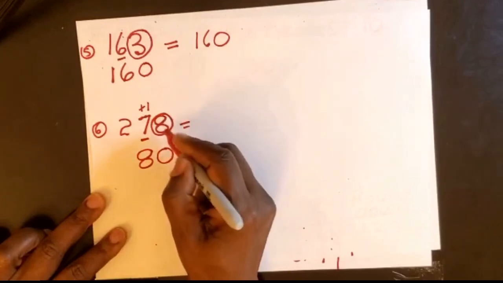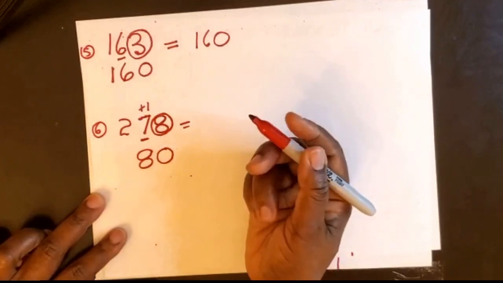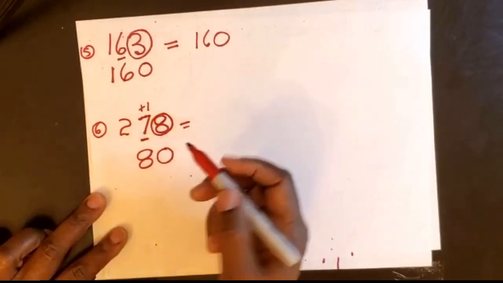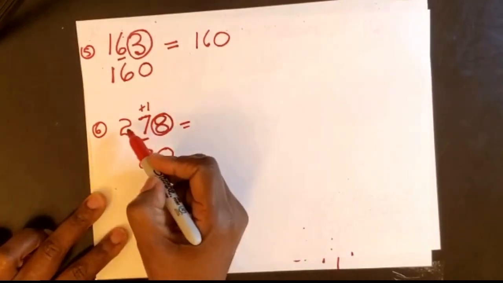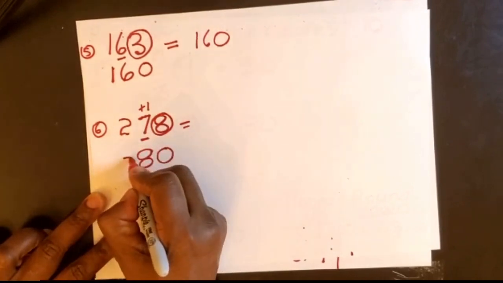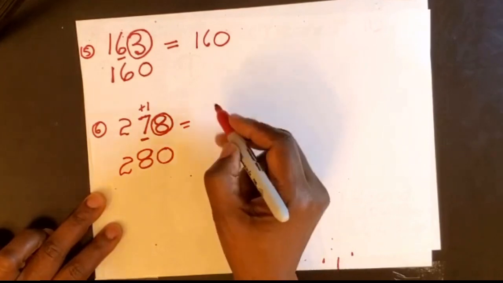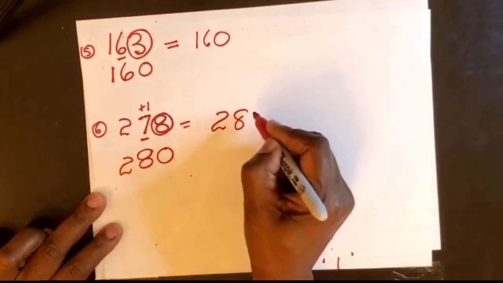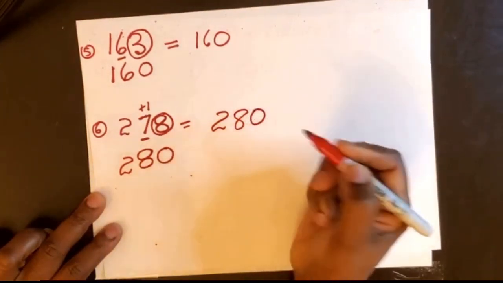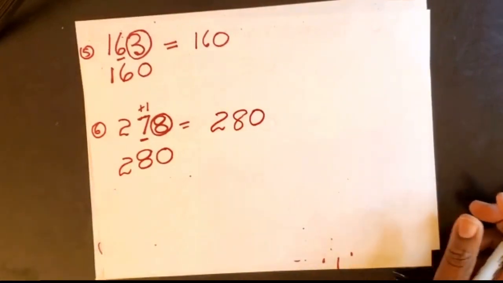The 8 becomes a 0. So 78 to the nearest 10 is 80. But remember, I have a 2 here, so I'm going to take the 2 down. 278 to the nearest 10 is 280.